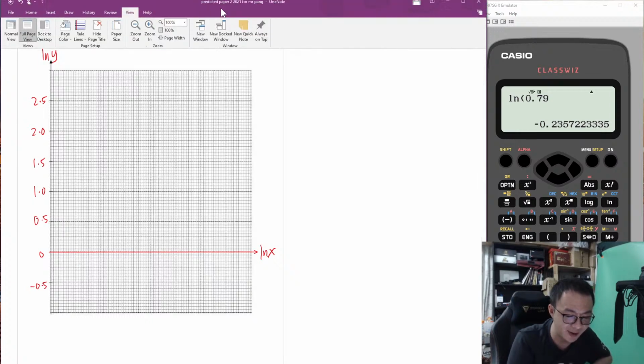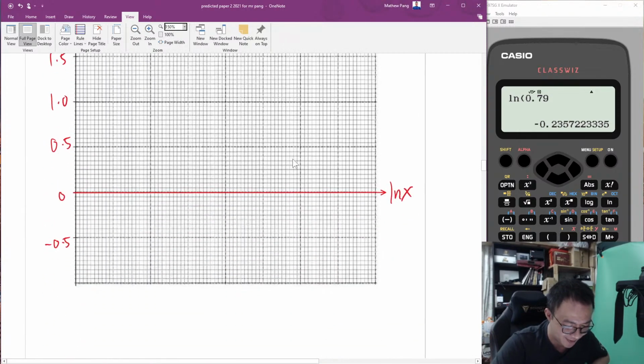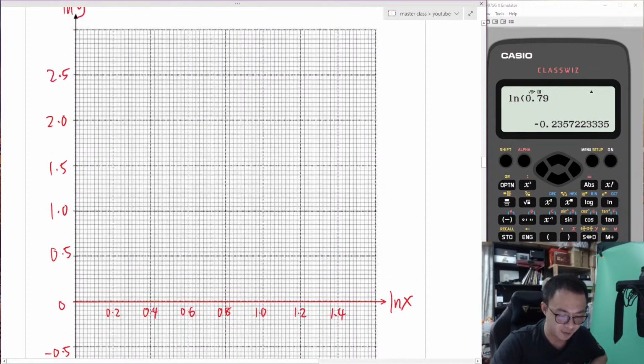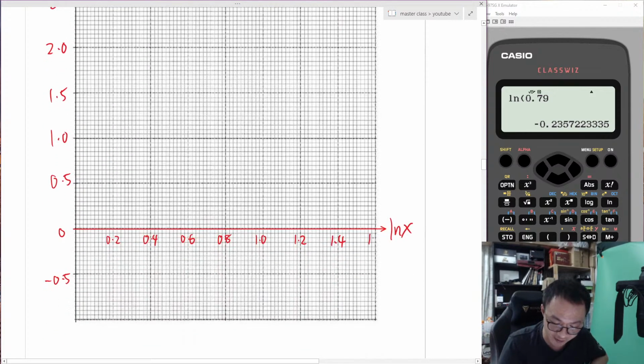Let's say 0.2, 0.4, 0.6, 0.8, 1.0, 1.2, 1.4. Because I want to do 1.5, so here will be 1.6.